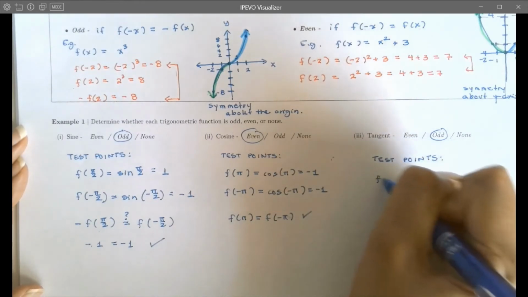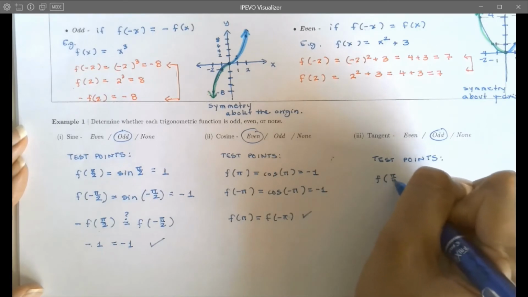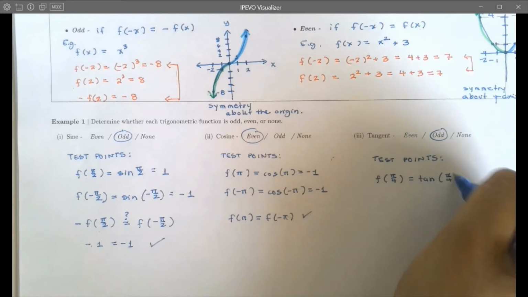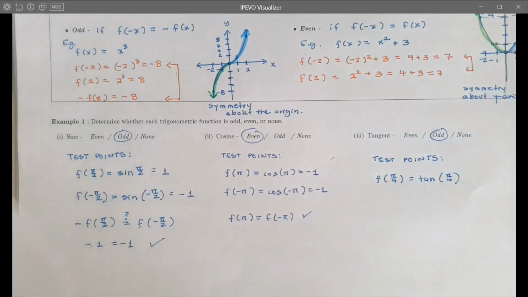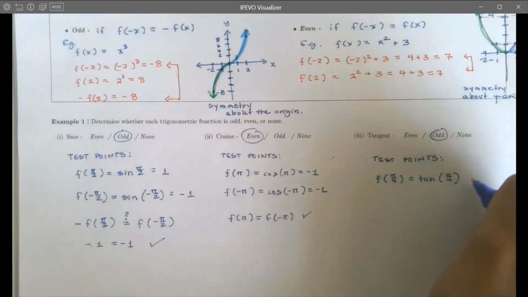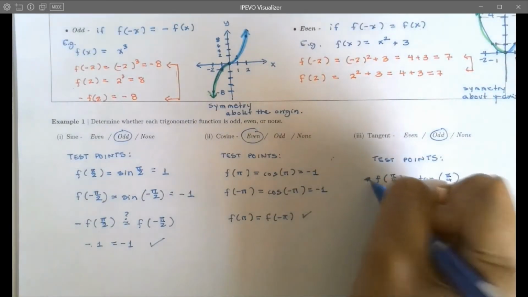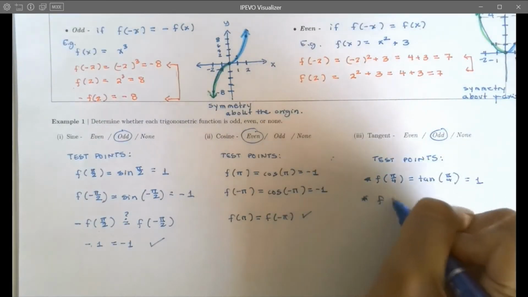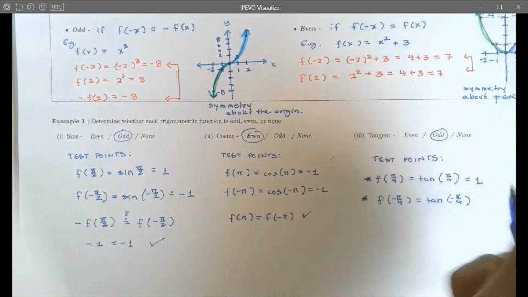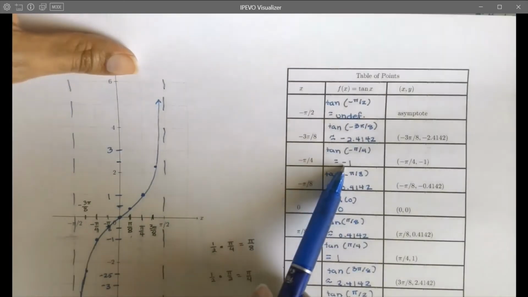Let's try f of pi over 4. Tangent of pi over 4 is 1. And now if I try f of negative pi over 4, well, tangent of negative pi over 4 is negative 1.